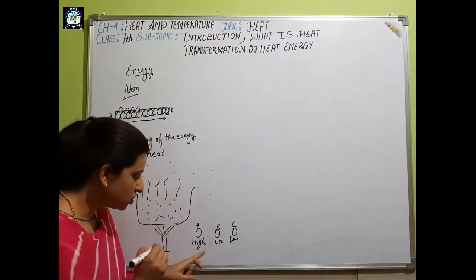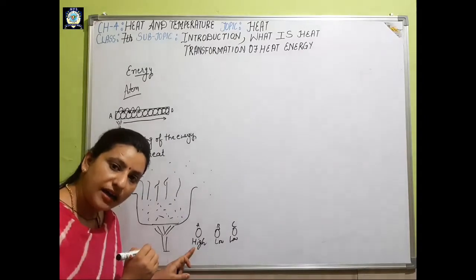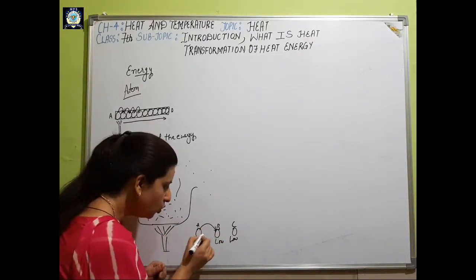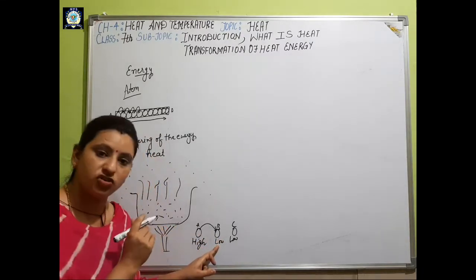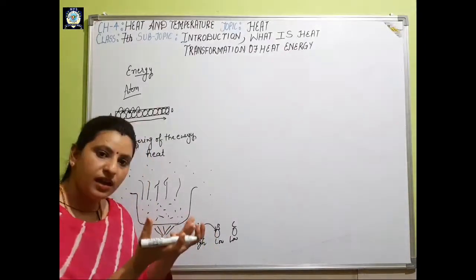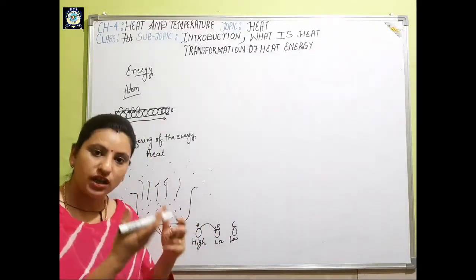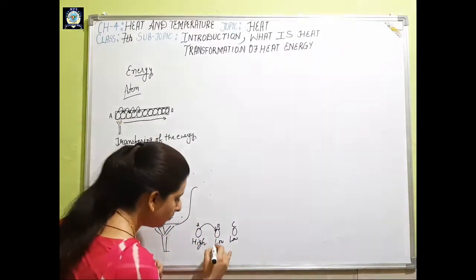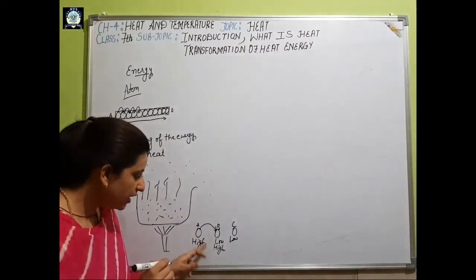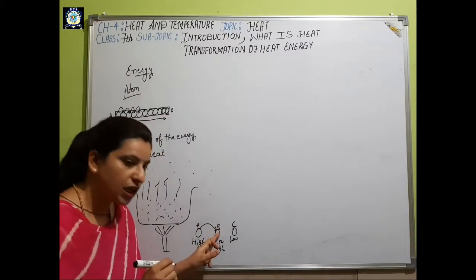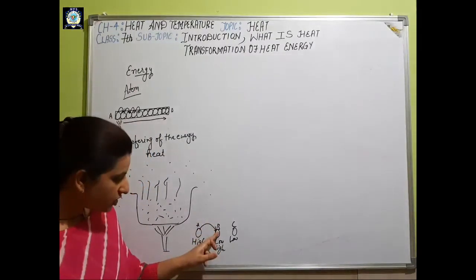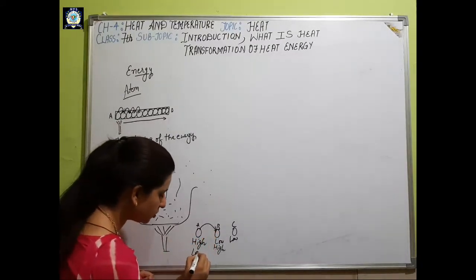If A is at high temperature and B is at low temperature, then the A molecule will lose energy and give this energy to B. And when B gains that energy, it will also become high in temperature. Similarly, when A loses the energy, it will become low in temperature.